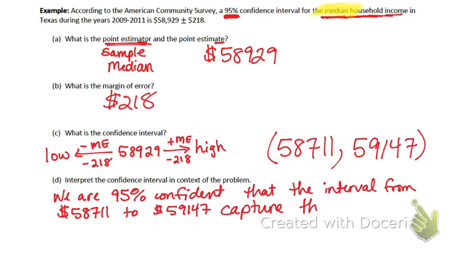Captures the true, now time out, I do want to make sure that I clarify, it is not the true sample median. I don't have to capture the sample median. I have the sample median. It was 58,929. What am I trying to capture though? I'm trying to capture the true median, the actual true population median.